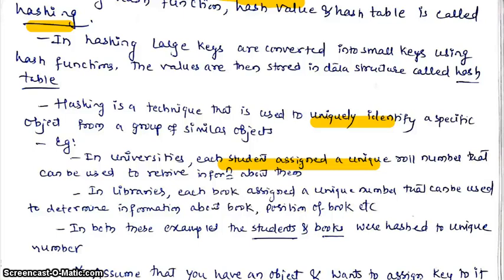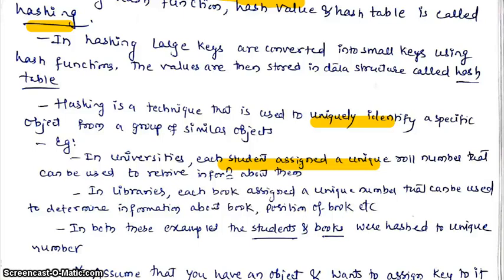So if you know that number, then you can retrieve entire information about the student, and in the library we can retrieve the position of the book, the author of the book, every information.